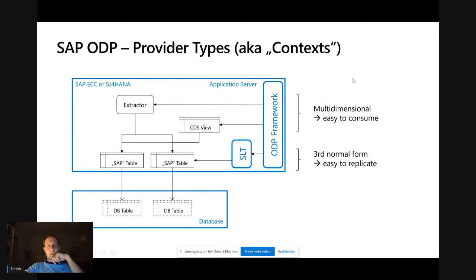So on this level, data is very easy to replicate, but harder to interpret and harder to use on the target side. On this level, it's easy to consume, but the change capture mechanisms are not as easy as they are here, because you can't base this on database technologies.